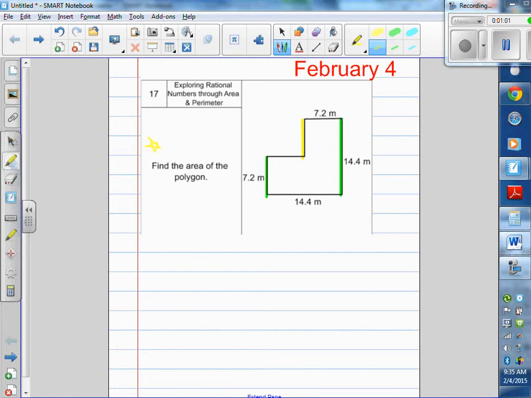So by subtracting, they took 14.4 and subtracted out 7.2 and realized this was also 7.2 meters.